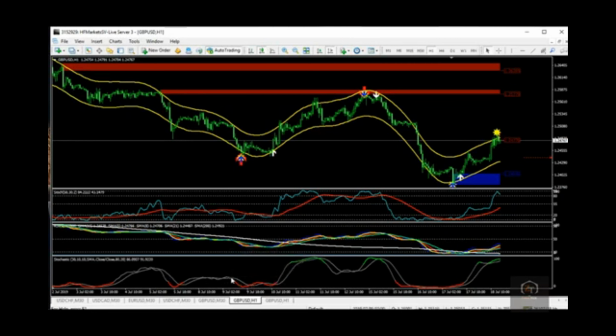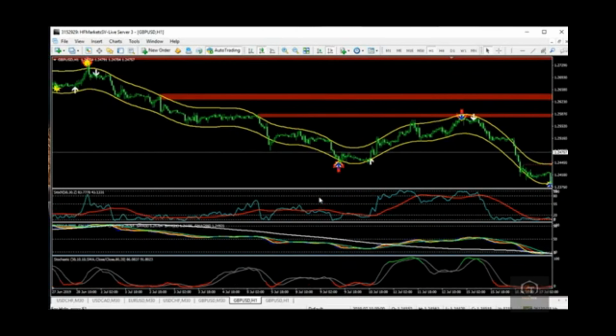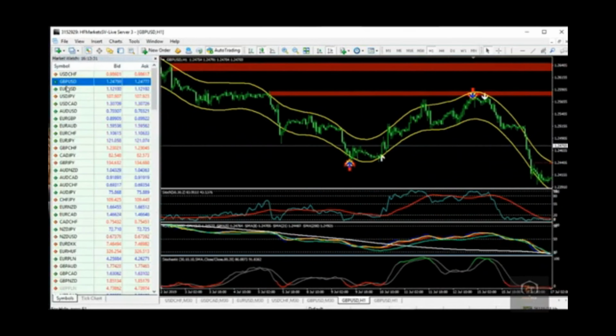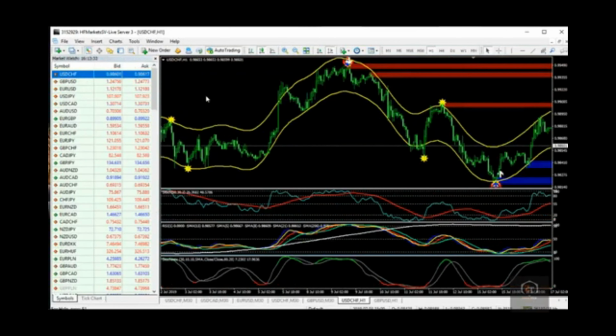You can also use parameters like 30-10-10 with a close of 80-20. Depending on how you want to configure yours, you need to have some confirmation before you pick a trade. You can check other pairs to see what it entails.